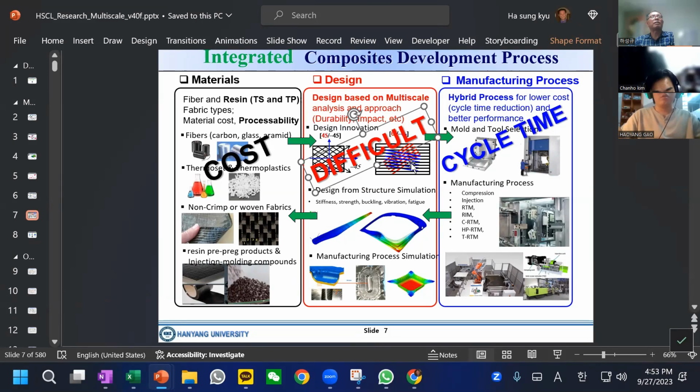That gives us a lot of choice and freedom, but at the same time, it is difficult for us as designers to analyze them with a full understanding of laminate theory and so on.